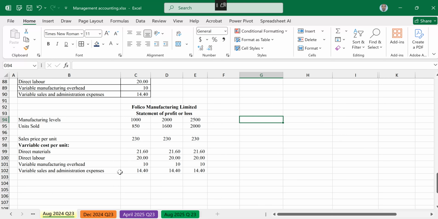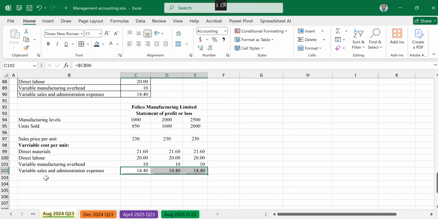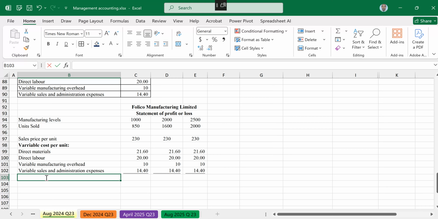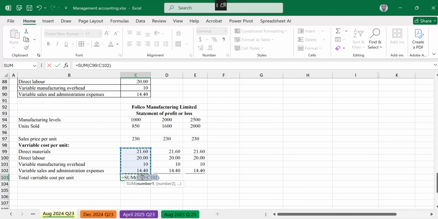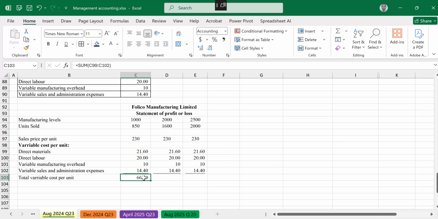Now, what is the total contribution per unit? First, total variable cost per unit. Sum all the variable costs, then drag across.